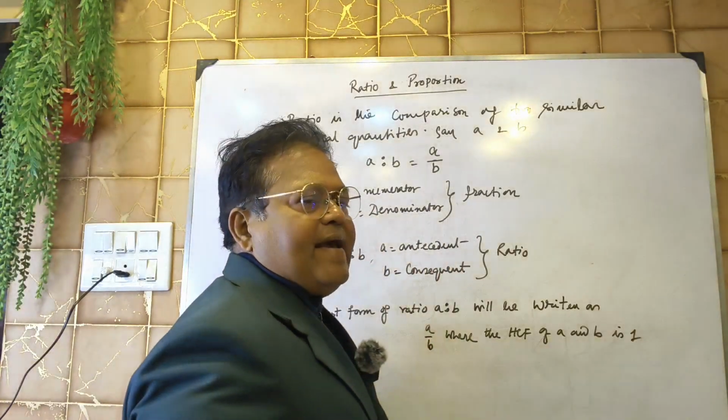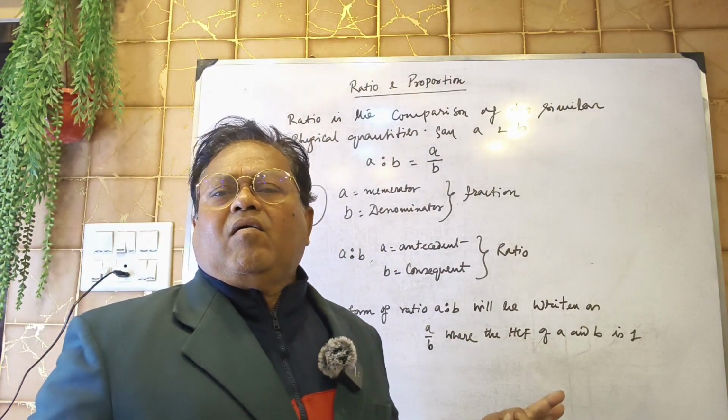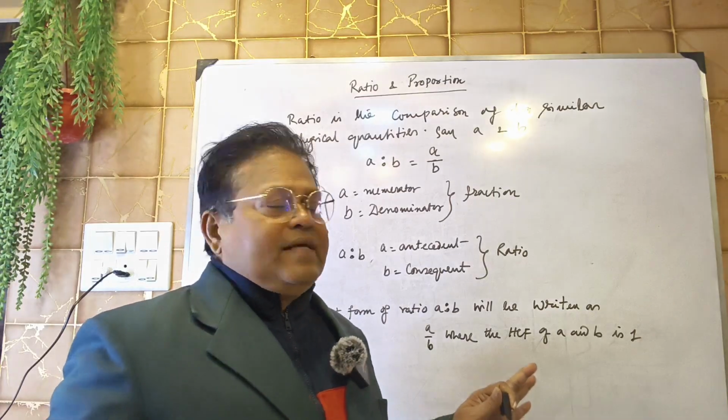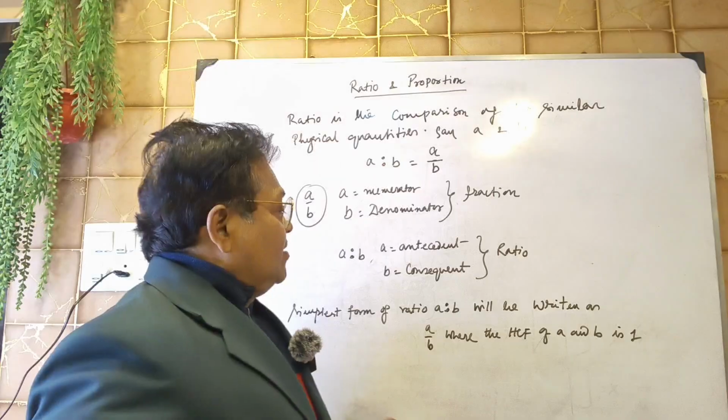That is, when A and B have only the factor 1, then it is called a simplest ratio.